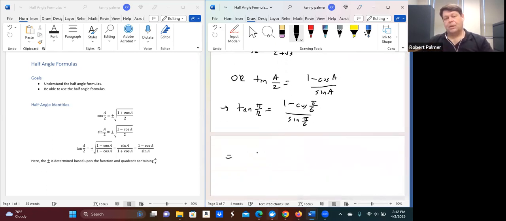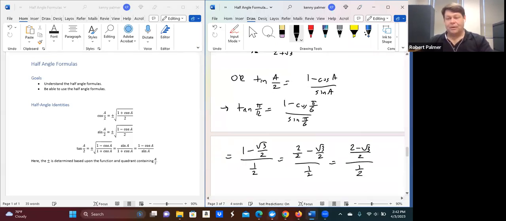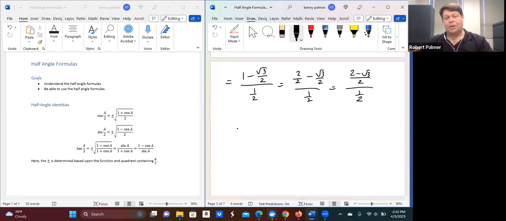And we have 1 minus the square root of 3 over 2 divided by 1/2. And once again, same thing, combine, get a common denominator on the top, 2 over 2 minus the square root of 3 over 2. It's all over 1/2. And combine those fractions. So we have 2 minus the square root of 3 divided by 2 on top, still divided by 1/2, and multiply by the reciprocal of the denominator.